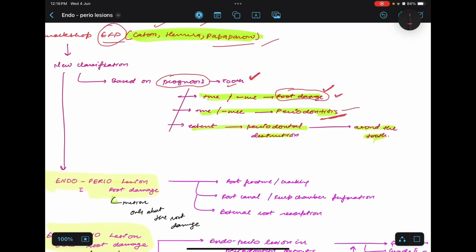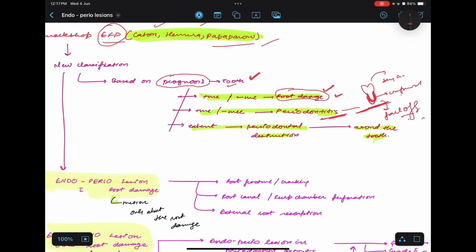Periodontitis leads to poor prognosis because if the periodontal ligament of a tooth is compromised, then of course the tooth will loosen, go mobile, and later fall off.